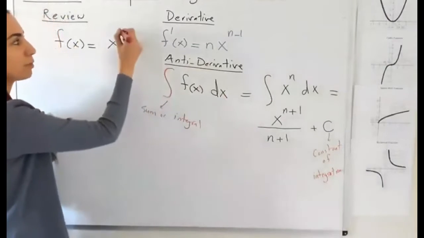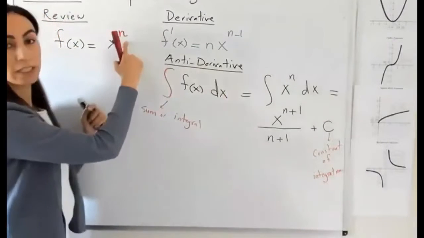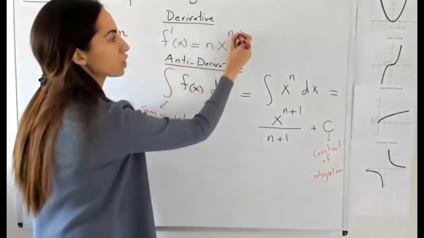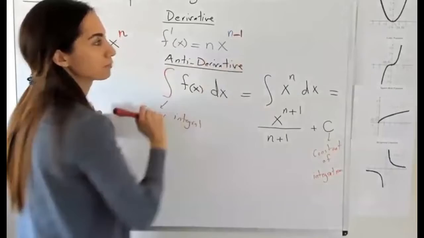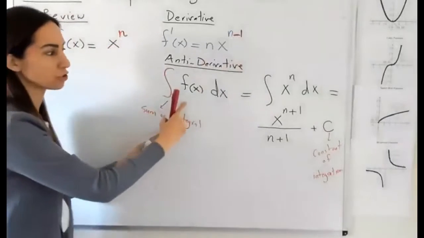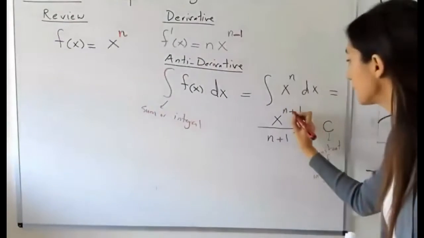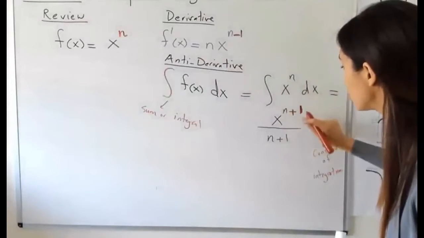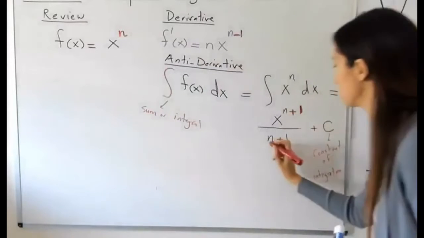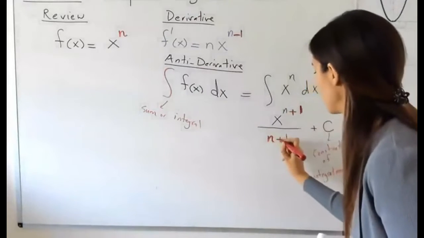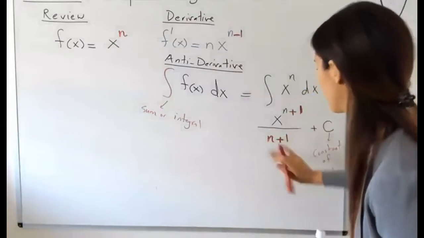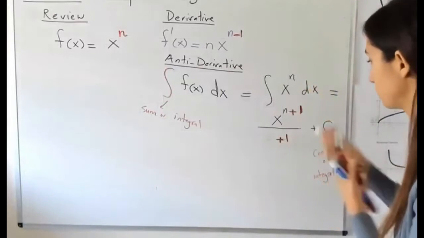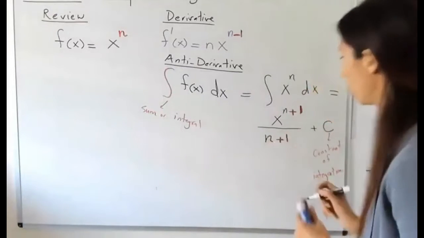When you have exponent n, by taking the derivative, you drop the original exponent and you subtract 1. When you're finding the antiderivative, you add 1 to the original exponent and you divide by n plus 1. Exponent plus 1. That's the main difference between these two.